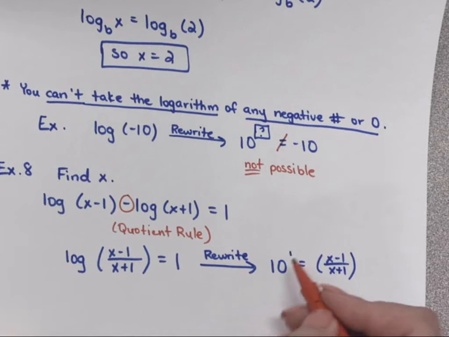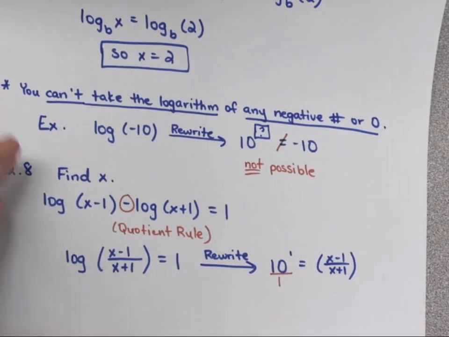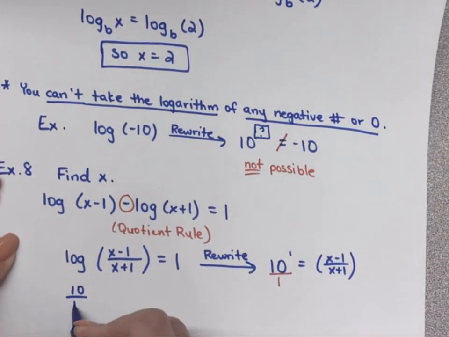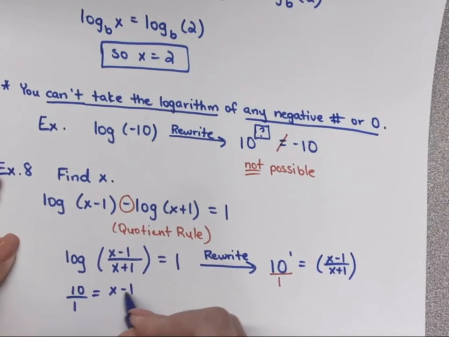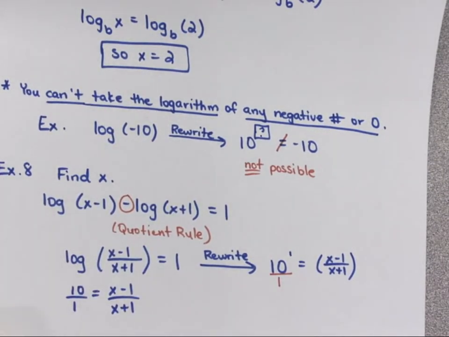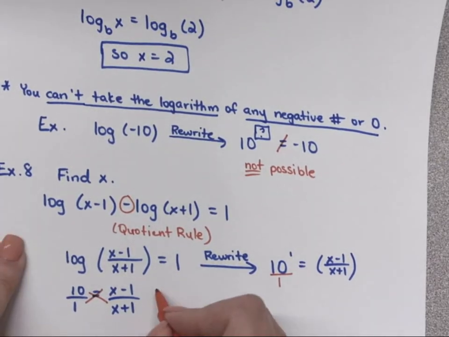All right, so let's go ahead and rewrite this. Think of this like 10 over 1 equals x minus 1 over x plus 1. Okay, because when you do that, what can you actually do here? Anytime you have a fraction equal to a fraction in algebra, what are you allowed to do? That's your clue. You're allowed to cross multiply.